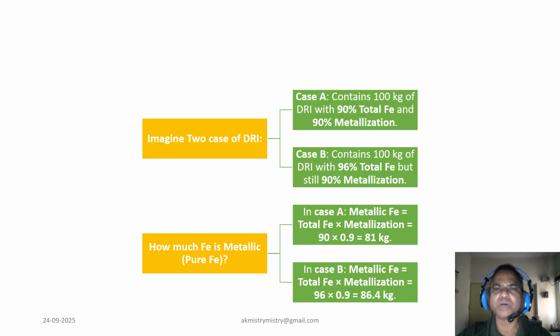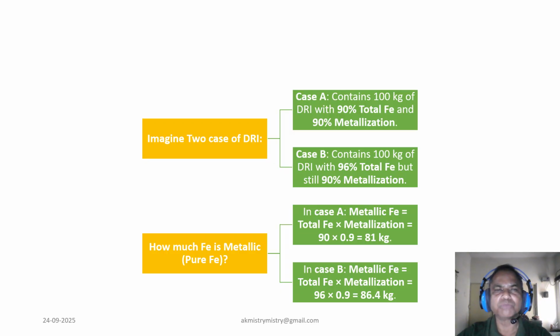In these two specific cases, case A contains 100 kg of DRI with 90% total Fe and 90% metallization. Case B contains 100 kg of DRI with a higher total Fe, that is 96%, but still has the same 90% metallization.